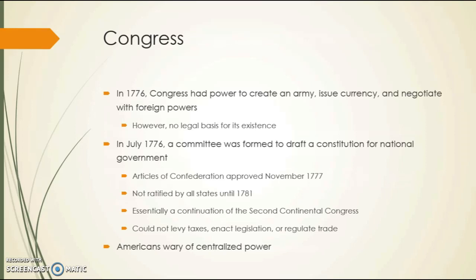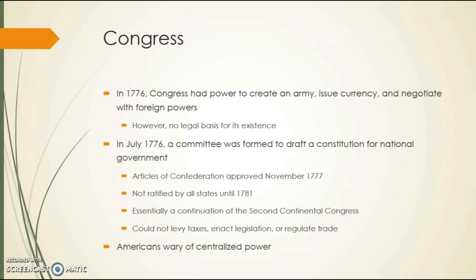So Congress could not levy taxes and could not regulate trade. Americans were very wary, again, of centralized power because of the experience with the monarchy, and still not very united. Even after the war, there was a lack of a common goal.